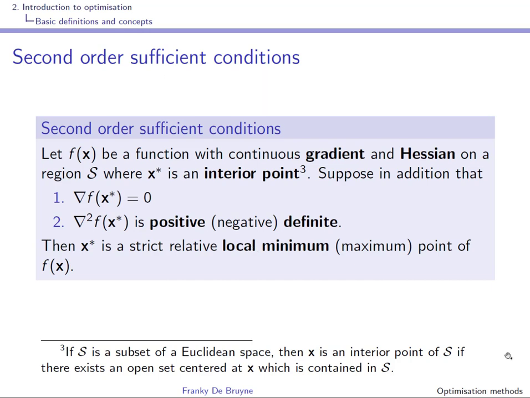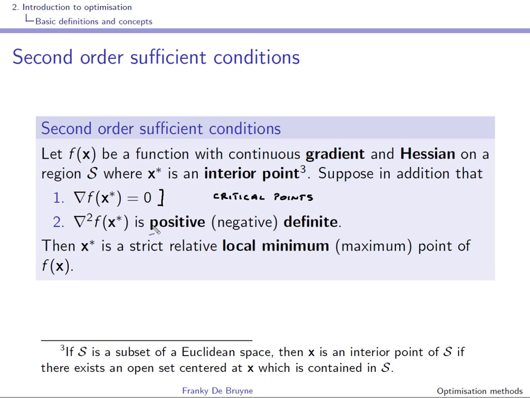In order to use this result, what we'll do is look for critical points. A critical point is a point x star that meets this condition, right? So it's a list of all x stars such that, well, the gradient of f in x star is equal to 0. When we have identified the critical points, because usually there are several critical points, we have to look for the Hessian and evaluate it at the critical points.